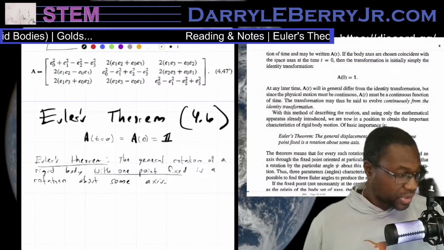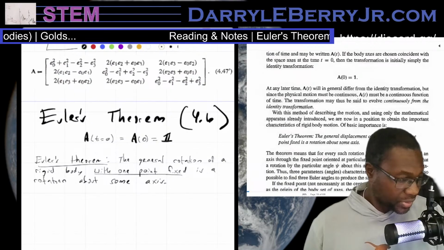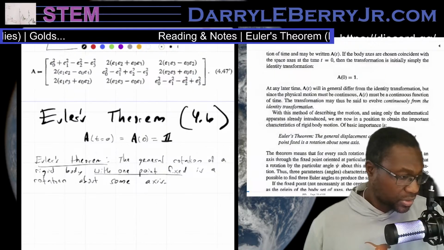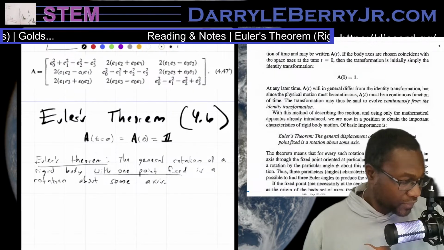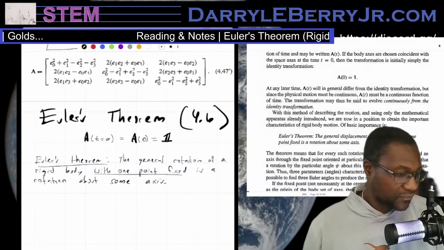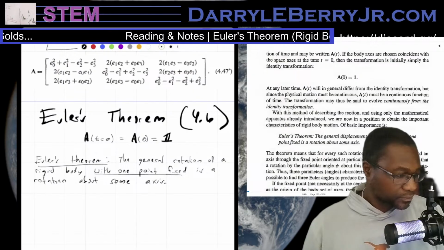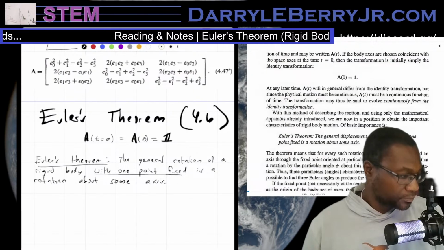The theorem means that for every such rotation, it is always possible to find an axis through the fixed point oriented at a particular polar angle, theta and phi, such that a rotation by the particular angle psi about this axis duplicates the general rotation.